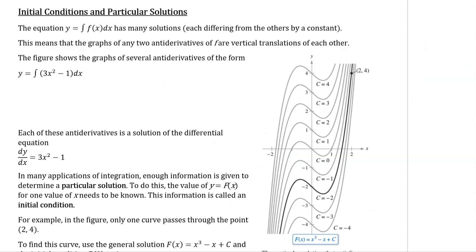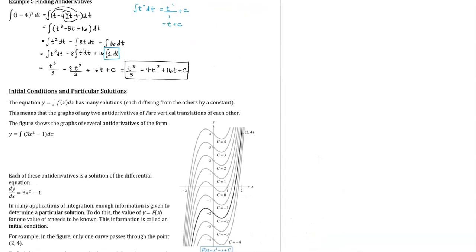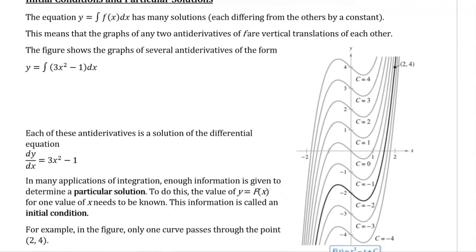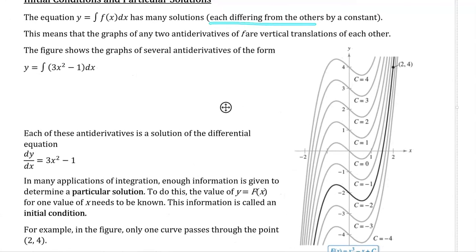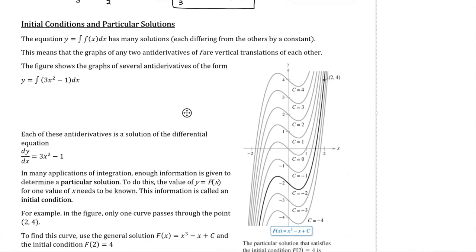We have already seen that when we're integrating something, generally, we get infinitely many solutions, right? Because we get these plus c's on the end, and that c could be any possible real constant number. So all of these solutions are simply differing from each other by a constant.